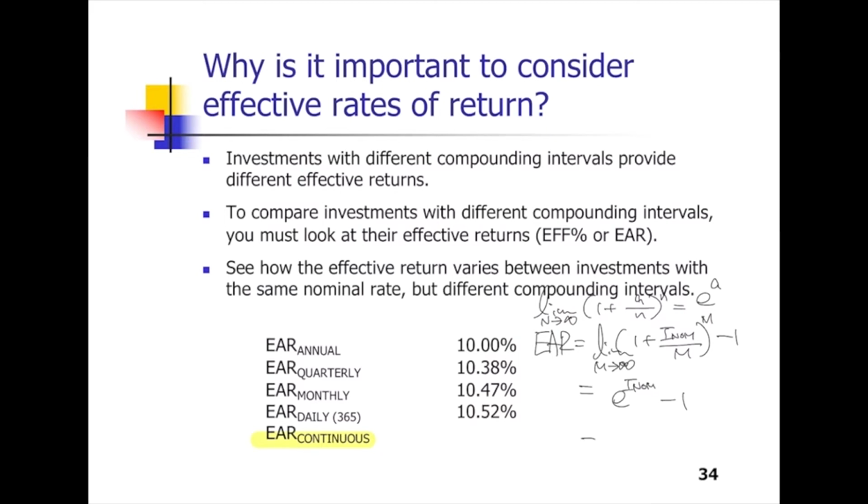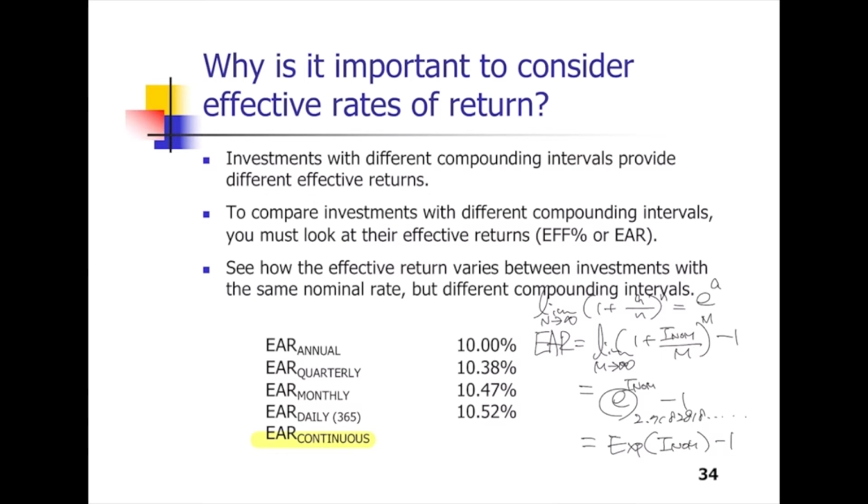So e is the number 2.7182818 and many more digits, and we can simply calculate using the exponential in Excel: e to I nominal minus 1.